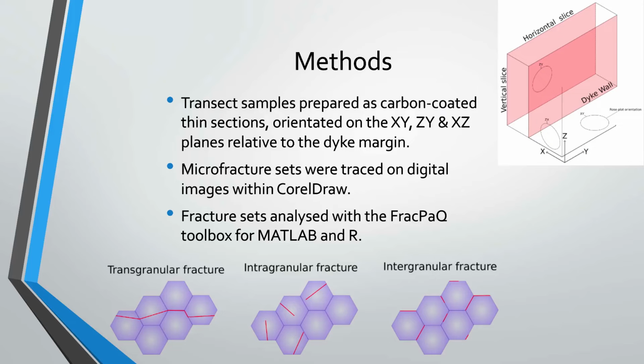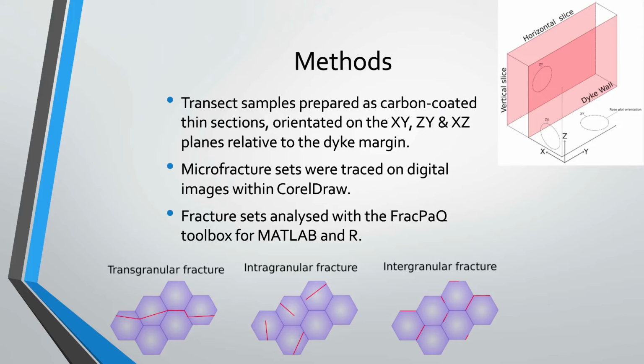Carbon-coated thin sections orientated on the XY, ZY and XZ planes relative to the dyke margins were scanned to create large area, 1 mm square, 700 magnification SEM BSE, CL and EBSD maps. The microfractures were then manually identified and traced from the layered area maps within CorelDRAW, with textural associations such as cross-cutting and Y-node interactions used to determine the relative age relations.